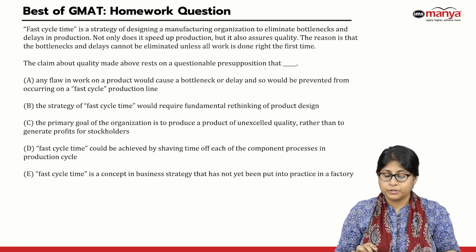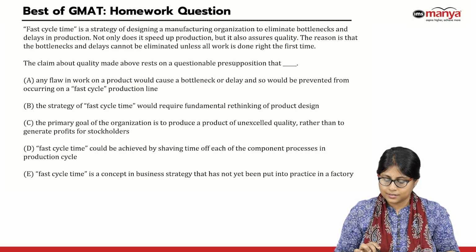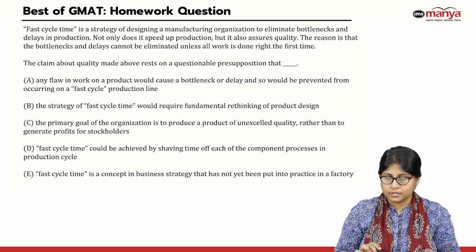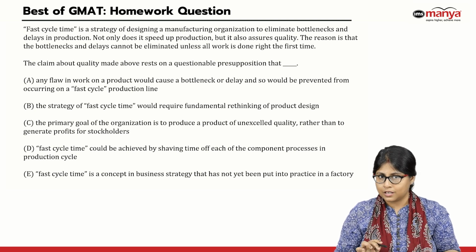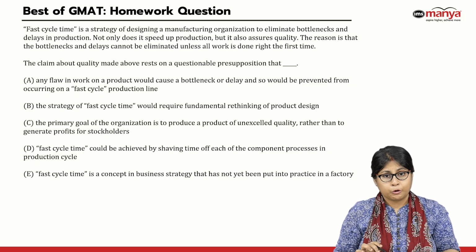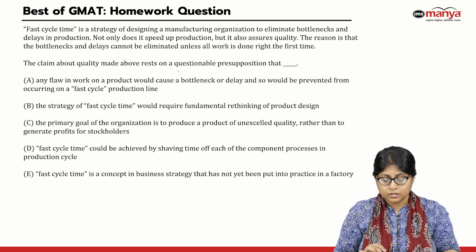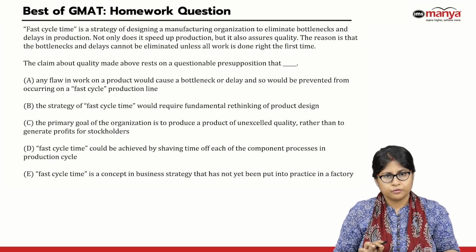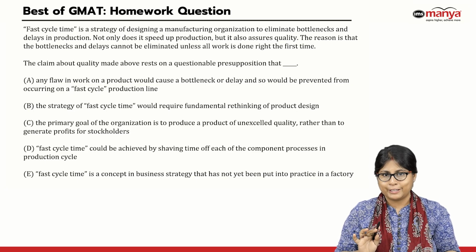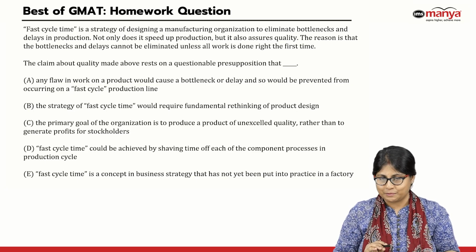The word presupposition tells us this is an assumption question, which means the author must have made some claim about quality. So basically his conclusion depends on a certain assumption. That assumption could be questionable, which means it may or may not be true, but we are not really concerned whether it is true or not. We only have to find what exactly that assumption is.